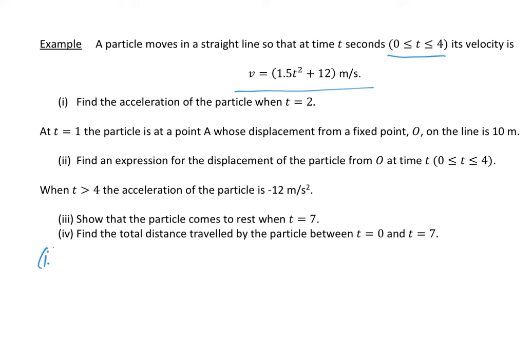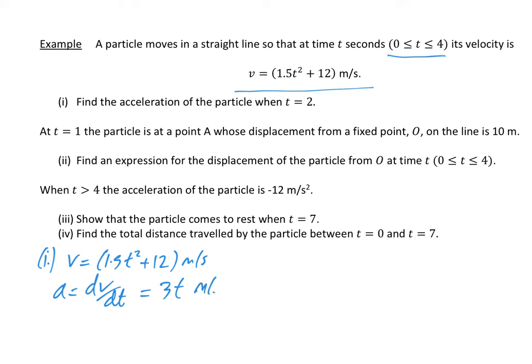So part 1, v is equal to 1.5 t squared plus 12, that was meters per second. So to get your acceleration, acceleration is going to be equal to dv by dt. So differentiate that thing we've got above, you're going to get 3t, and that is it.